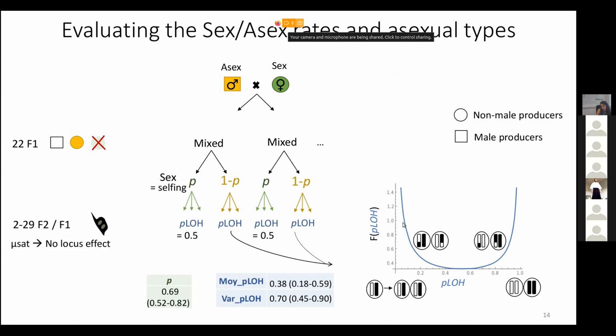And the loss of heterozygosity rate of this asexually produced offspring among F1 hybrids is very, very variable, with, again, most of them that are not clonally produced. As you can see here, the 0 would be a clonal mode, asexual mode of reproduction. And again, with some loss of heterozygosity rate indicating some recombination taking place.